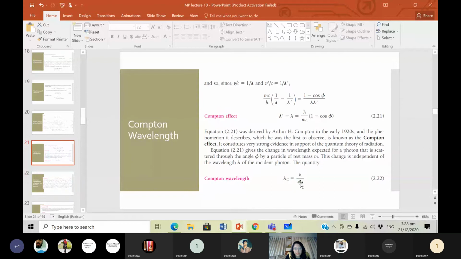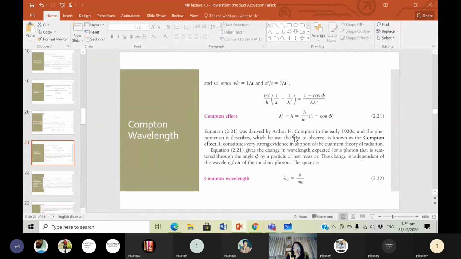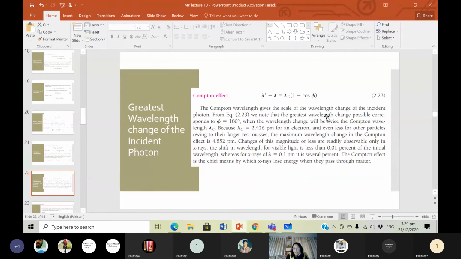It gives a scale of the wavelength change of the incident photon. It's basically telling you the scale of the wavelength change of the incident photon.